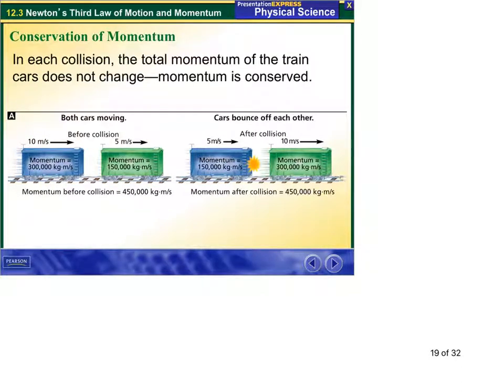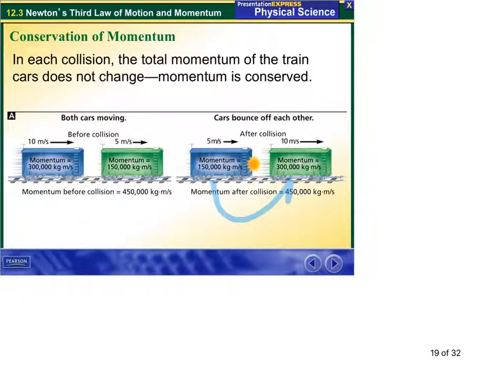Some examples dealing with this. Before the collision, we've got momenta of 300,000 and 150,000. These two things are going in the same direction. They collide. Momentum is transferred from the blue car to the green car.